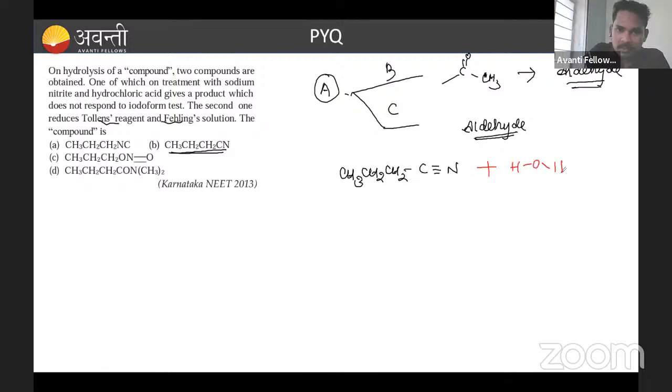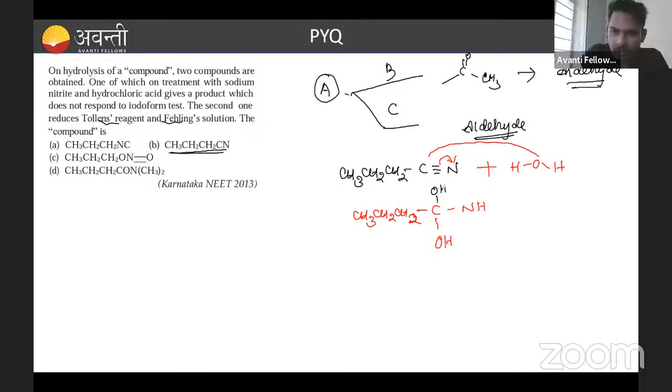So what we will do? We take here and we take here. Simply, CH3 CH2 CH2, first add water here, OH, double bond NH. After that, this carbon has more tendency to accept OH. So we'll break one bond here, one bond here, and add 1 mole of water, another 1 mole of water, and here hydrogen.